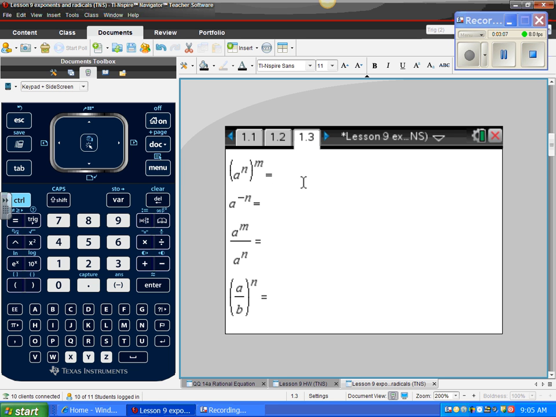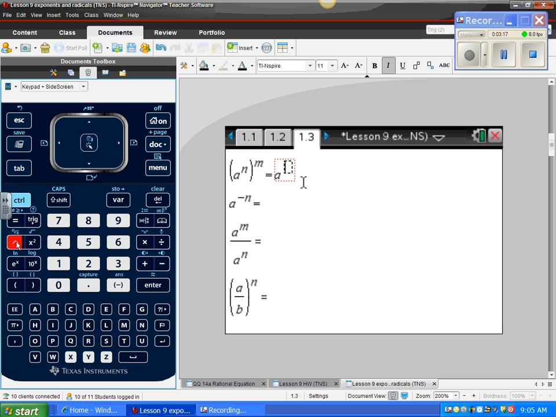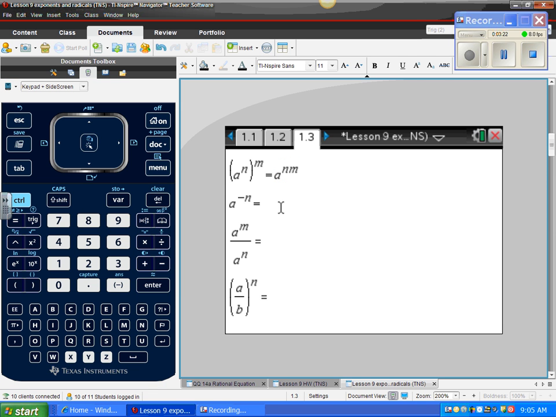So what does this become? A to the n to m, right? A raised to the n times m. When you raise a power to a power, you multiply. That's going to be stuck in your head now, huh? Yep. It's an awful visual.